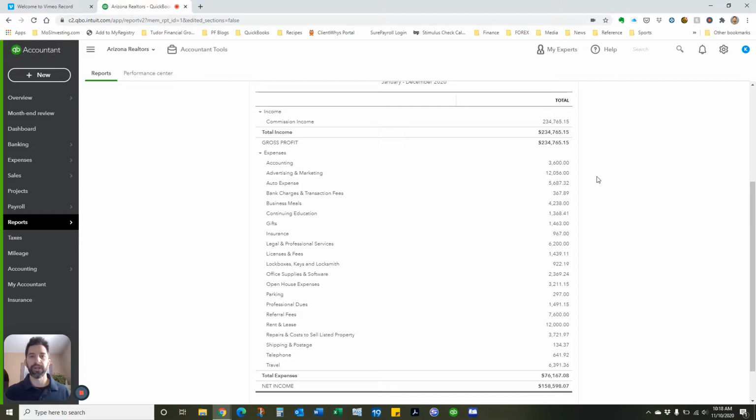Are they generating income at a higher and higher rate as time goes on? You can look at these things on a monthly comparison, a quarterly comparison, a yearly comparison. Am I spending my money wisely in order to produce more and more income, get a higher and higher return on investment?